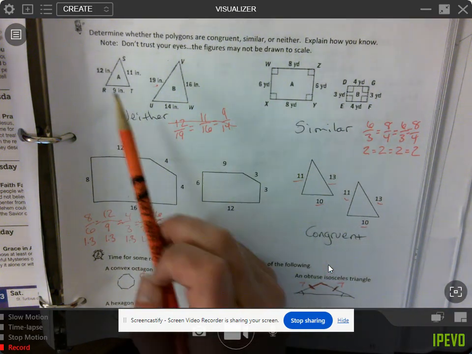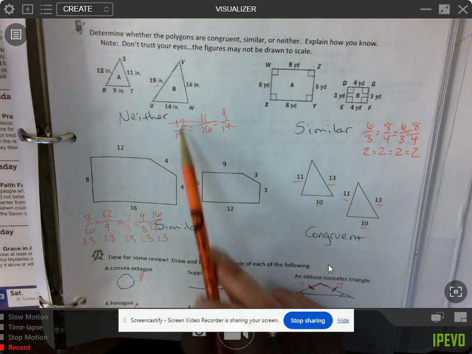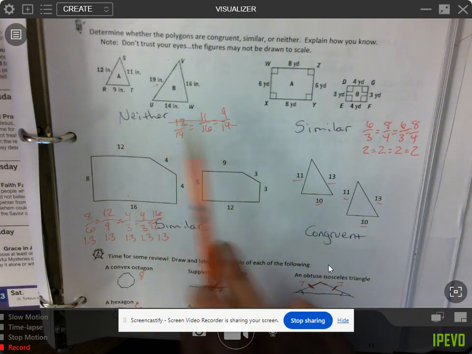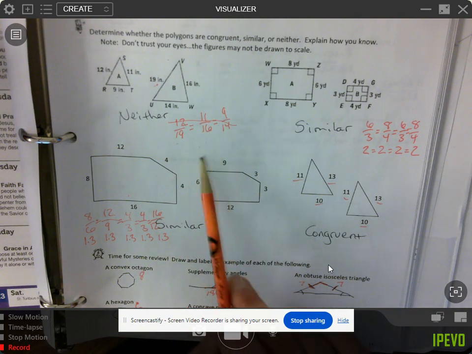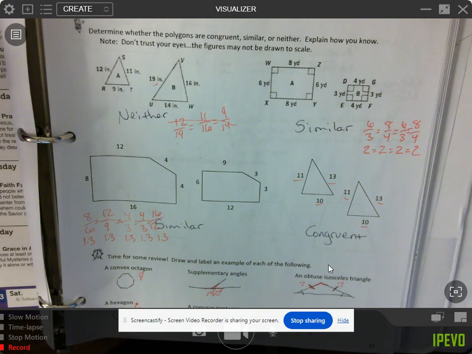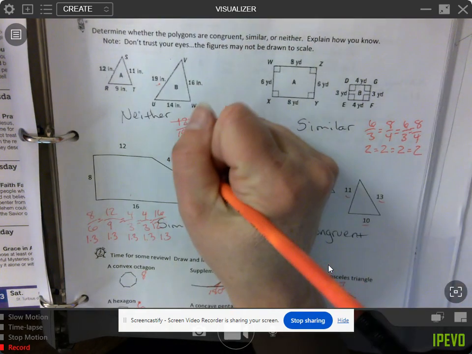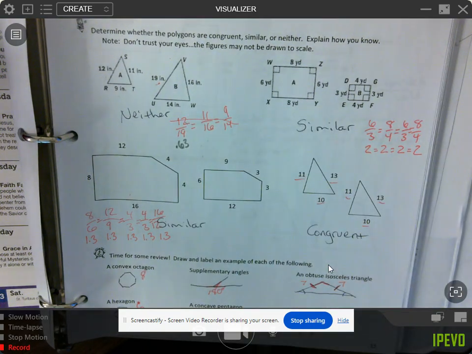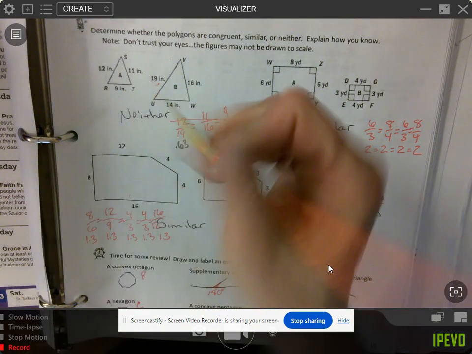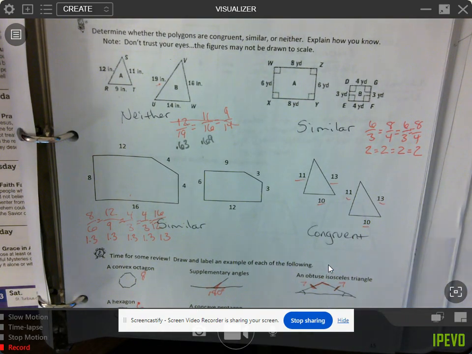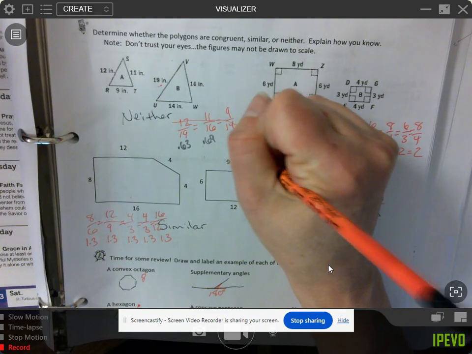So the first one, we had 12 over 19, and we have 11 over 16, and 9 over 14. When I divide them, they do not get the same decimal. So 12 divided by 19 gets me 0.63. 11 divided by 16 is 0.69. 9 divided by 14 is 0.64.